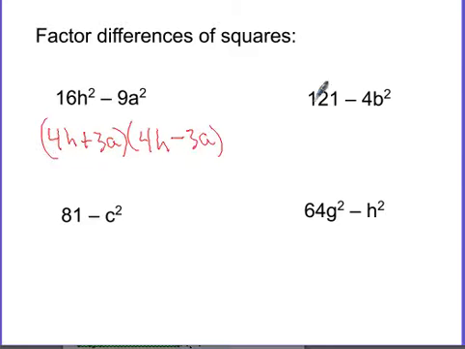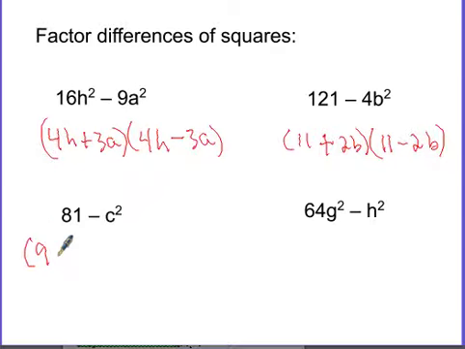What is the square root of 121? 11. So we have 11 plus, what's the square root of 4b squared? 2b. And we'll have 11 minus 2b. Next, 9 plus c and 9 minus c.